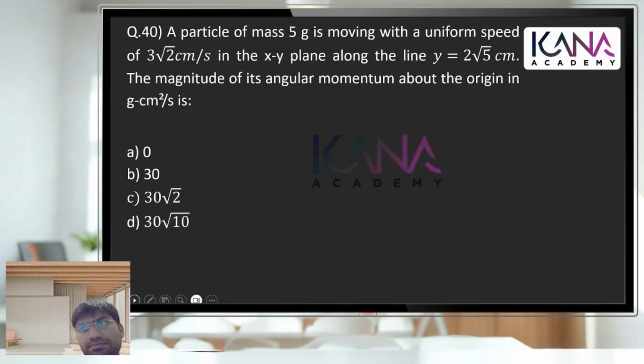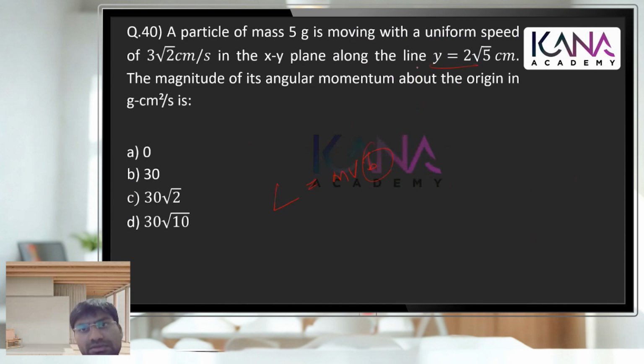Next is, there is a mass of 5 grams, speed is given, and it moves along the horizontal line y equal to 2 root 5 centimeter. Find the angular momentum about the origin. For this, we directly apply the formula. It will be m v b. This b is the perpendicular distance from origin to the line of motion, which is nothing but y.